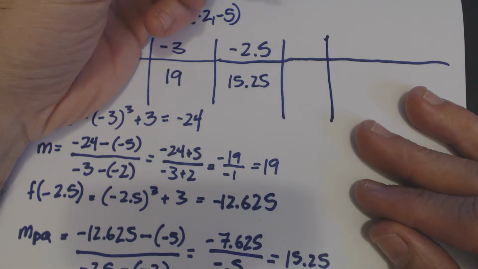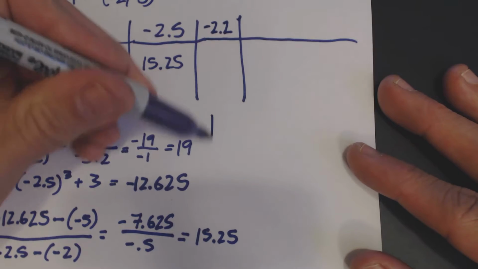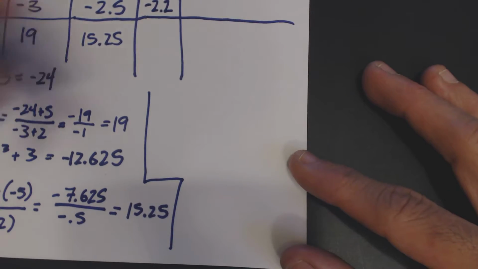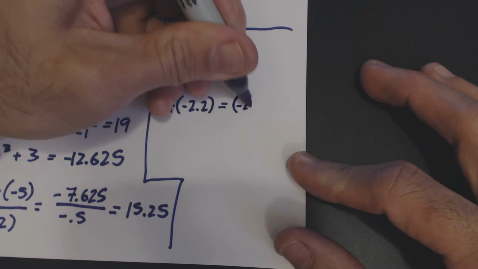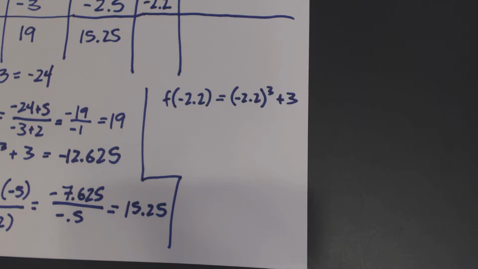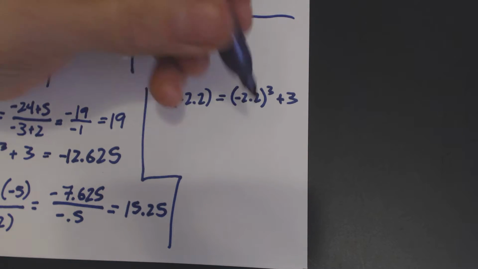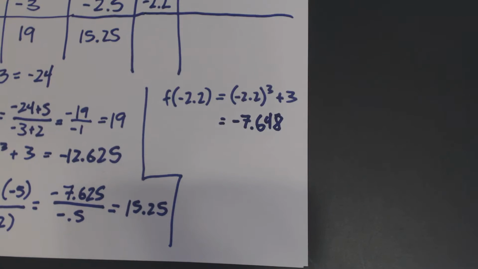On to the next point. It's negative 2.2. Make a little space here on the right. So f of negative 2.2 equals negative 2.2 cubed plus 3. I'm going to plug that into my old calculator. That's negative 10.648 plus 3 equals negative 7.648.